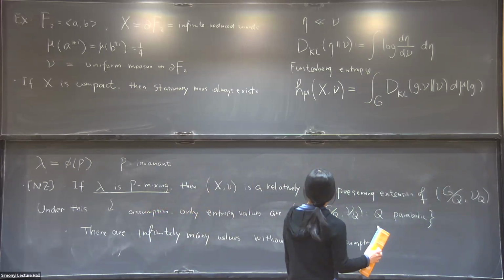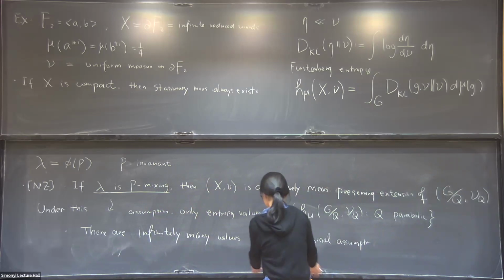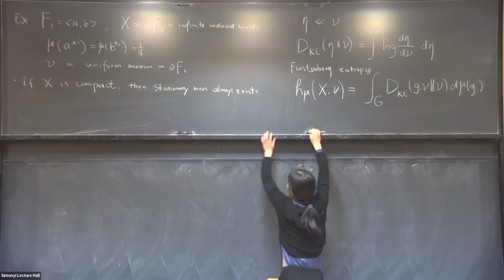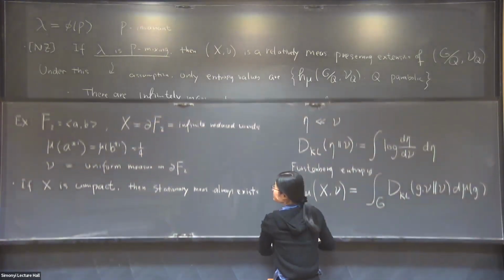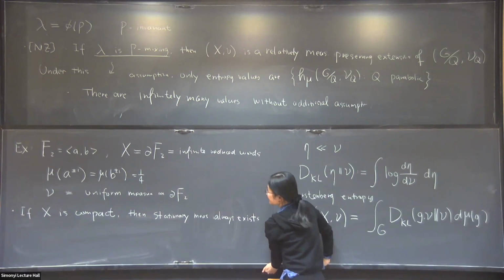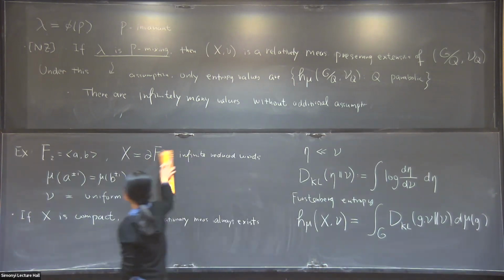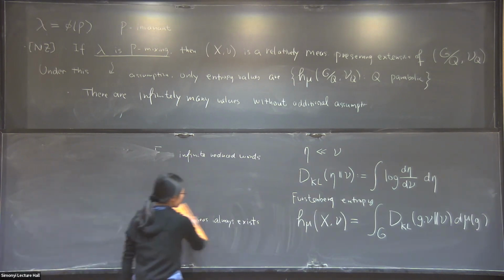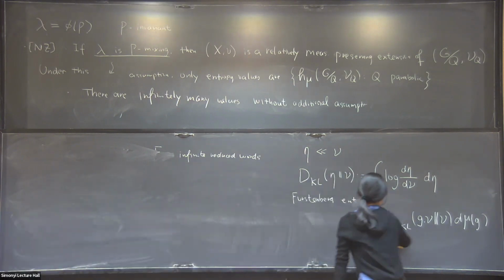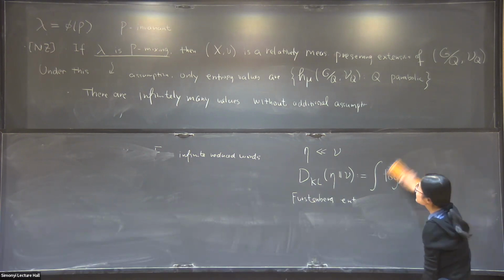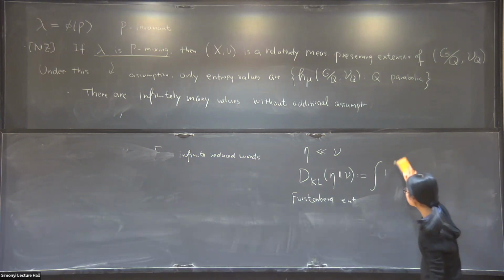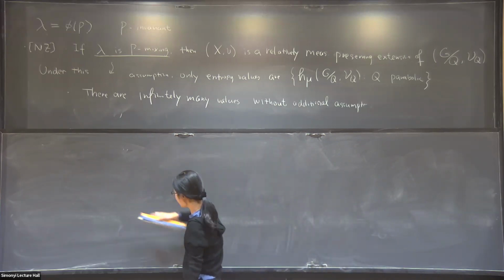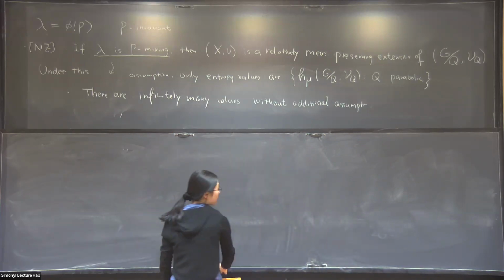So let's explain next. We'll explain in the end why we only understood what happens on SL_d(R). For other simple groups, there are some difficulties in understanding what the constraints are.